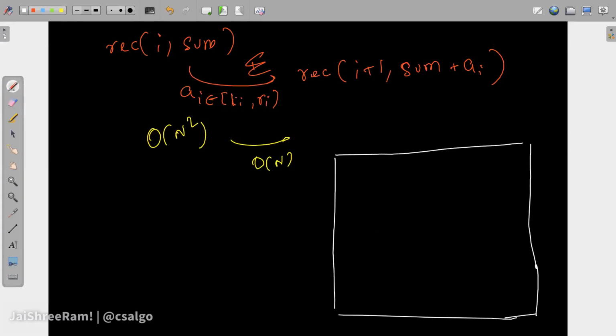When you are calculating this particular value, some i comma sum, that needs you to calculate some value from over here, like i plus 1 comma some sum plus ai. So it needs something like this from this particular value, right? So how will we iterate on the values to calculate this efficiently? What will be our loops of iteration?